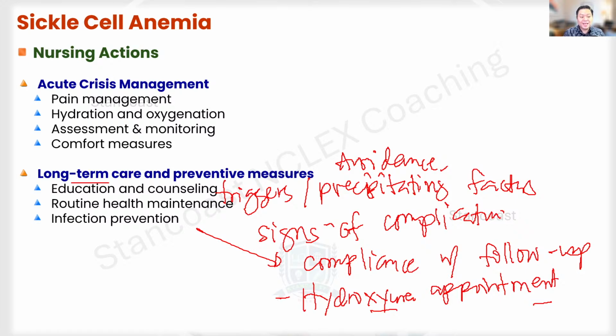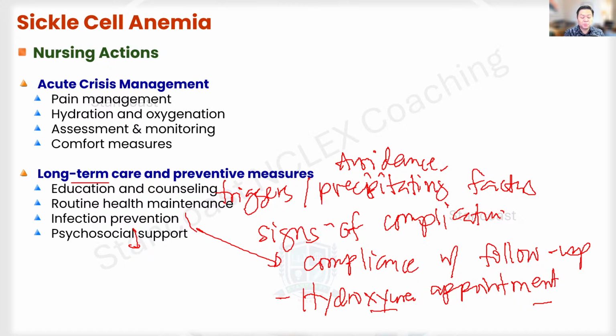Okay. And also, we're going to need to educate the patient about infection prevention. We have to educate them about the needed immunizations, especially the pneumococcal and influenza vaccines. We're also going to teach them about the proper hygiene technique, infection control measures. And lastly, we're going to have to deal with their emotions, the psychological aspect. So we need to support them with, let's say, counseling.